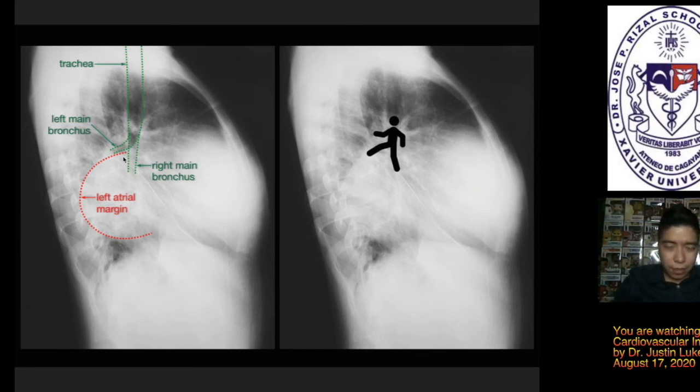And here, the one causing that walking man sign is again your bulging left atrium. Here its shadow is extending and superimposed on the thoracic spine. The walking man sign is basically your splaying of the carina on frontal radiograph, seen on lateral view. So it's the same sign. And this is the one also that's creating the double density. It's the density of the heart and the enlarged left atrium.